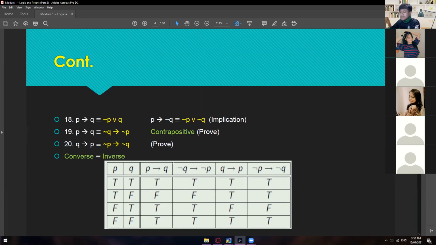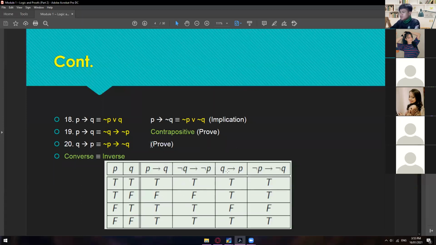I will leave the analysis part with you once we are done with this part 2. This will be your assignment, but not recorded, just for you to know why they are equal with each other using a truth table.